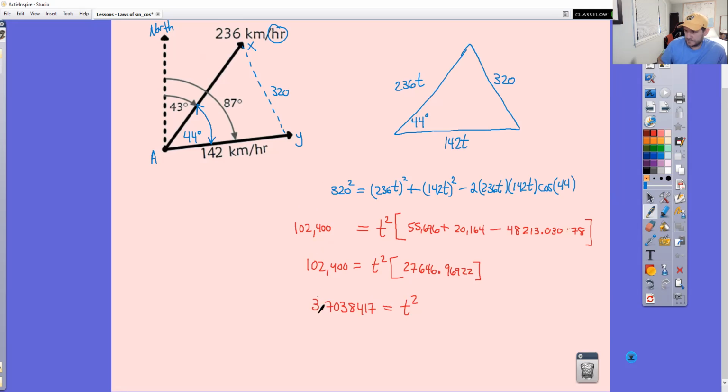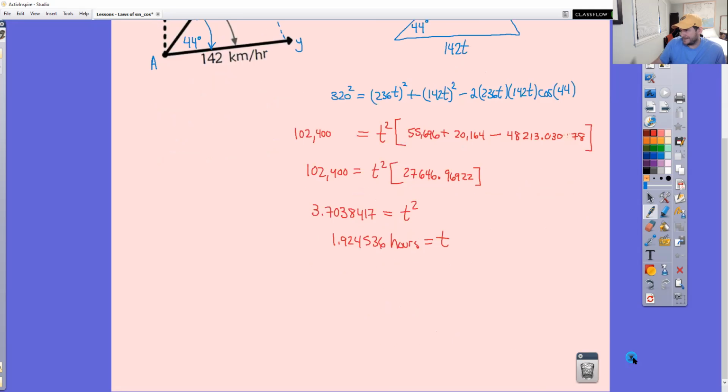1.924536. These are hours. And you weren't asked to solve in hours. You were asked to solve in minutes. So multiply this by 60. That'll convert it to minutes.